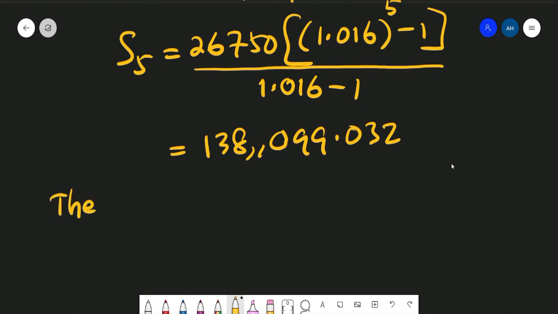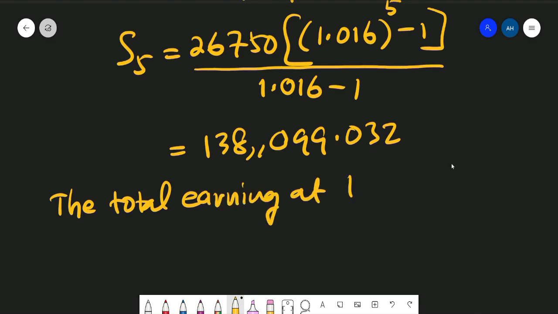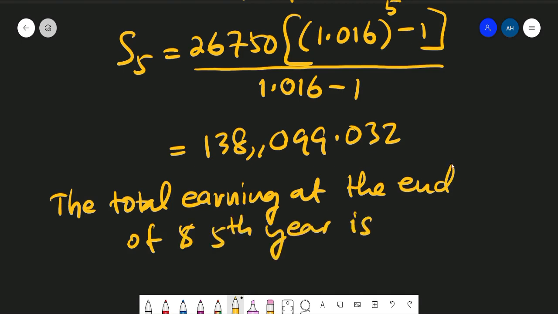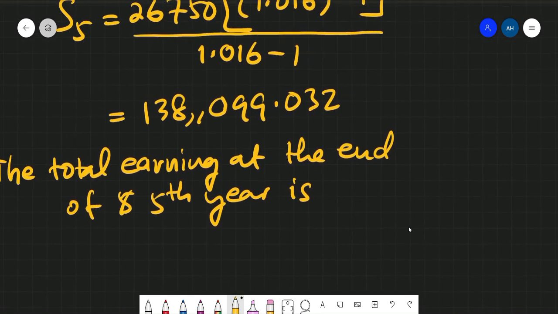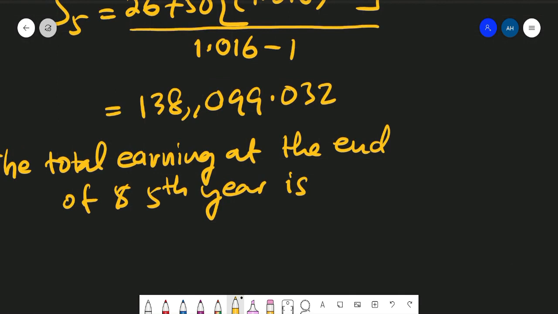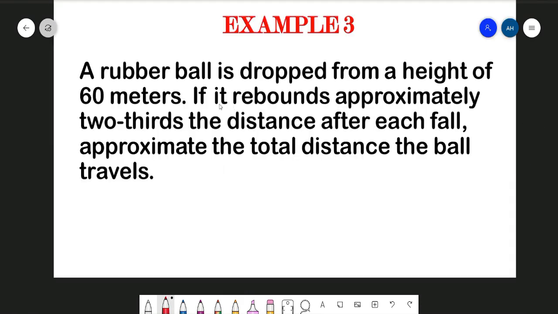So the total earning at the end of the fifth year is, in terms of RM, RM 138,099.032. This is example number 3.